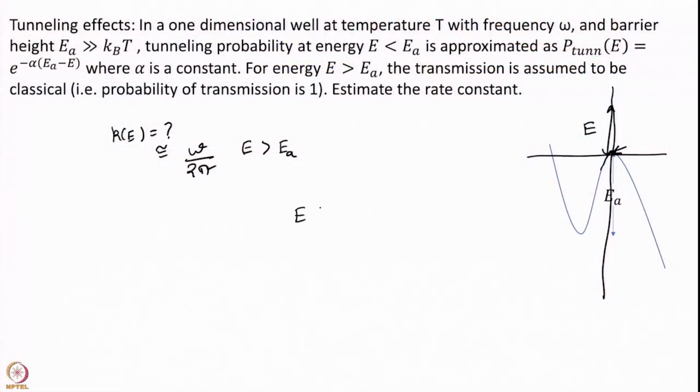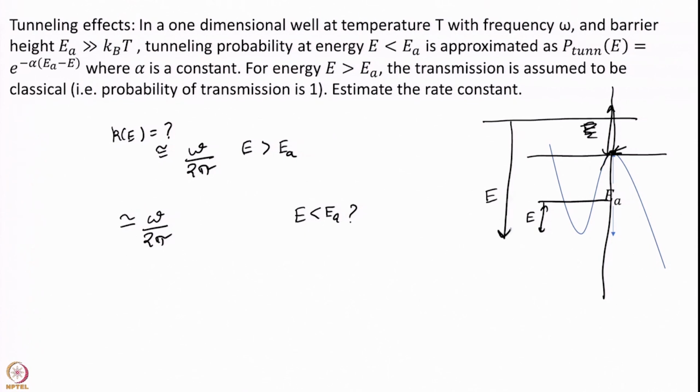What about E less than Ea? So, we are going to approximate that as omega over 2 pi. My energy is, let us say, here. I am sorry, this was E for E greater than Ea, and this is E less than Ea.